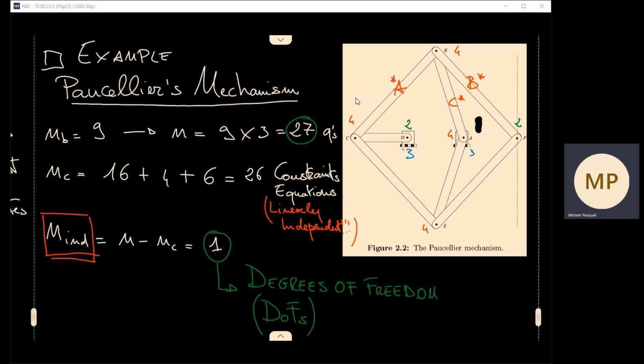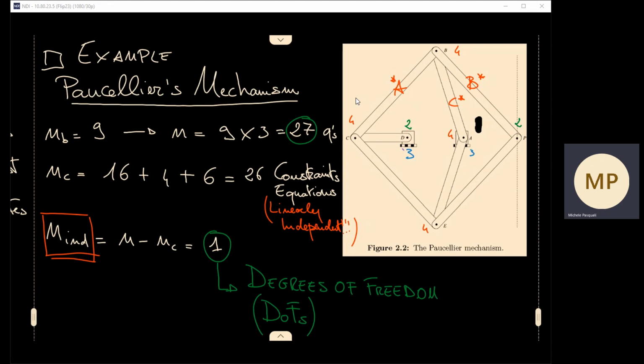But mechanical engineers, when they build mechanisms, want them to possess the possibility to move. That's why they want an n which is larger than 0. And these mechanisms and structures are called labile, strutture labili.